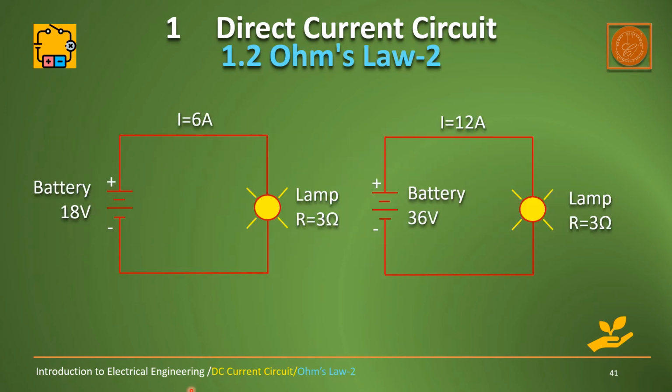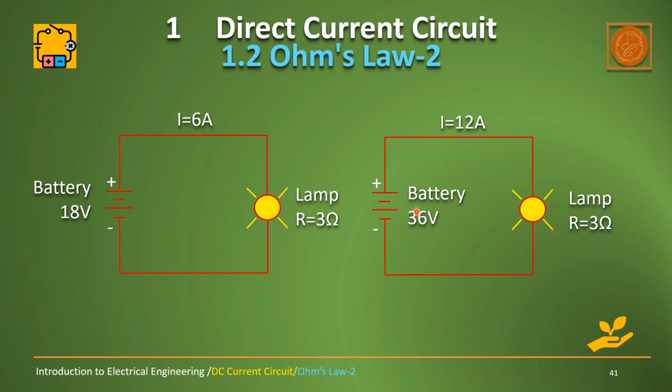We can compare the two circuits. In this circuit, the battery voltage is 18 volts. The current is 6 amps. If we double the battery voltage from 18 to 36 volts, the current will change from 6 amps to 12 amps.